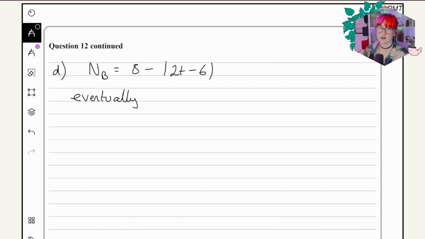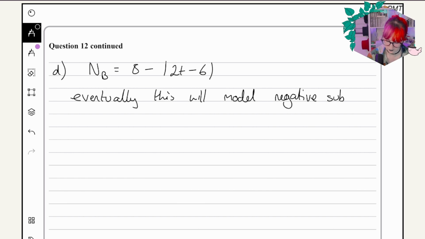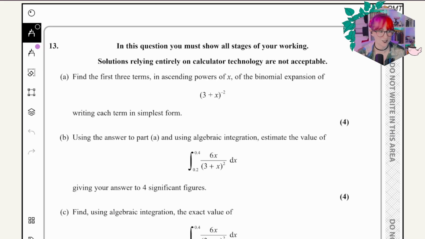So we were just talking about reals and negative counterparts of things, but eventually this will model negative subscribers. Which is obviously not what they want. They don't want something that's going to predict that they're going to go into a negative amount of subscribers. That's less good.